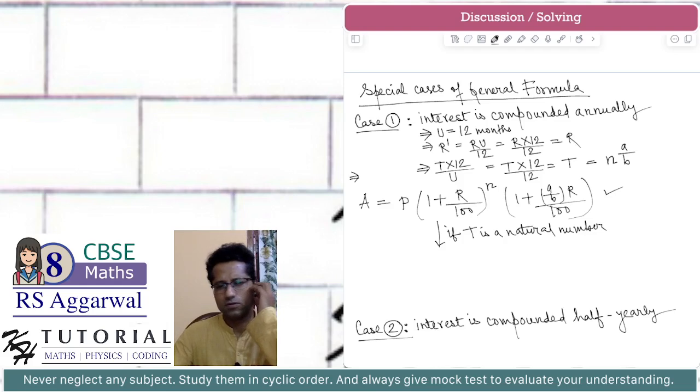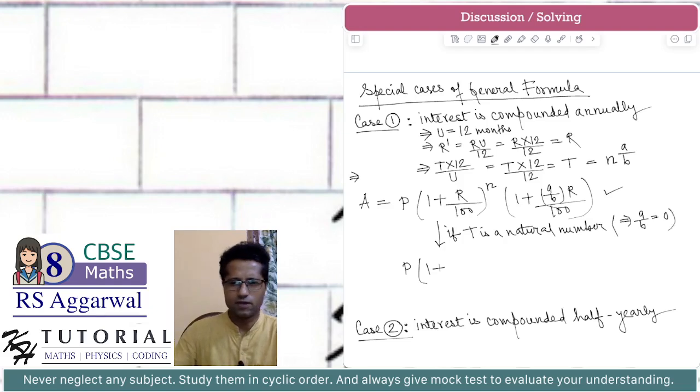If t is a natural number, this implies that a by b will be equal to 0, there is no fractional part, and also n will be equal to t.